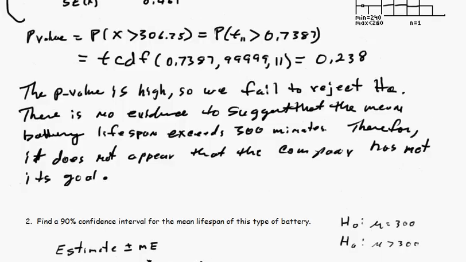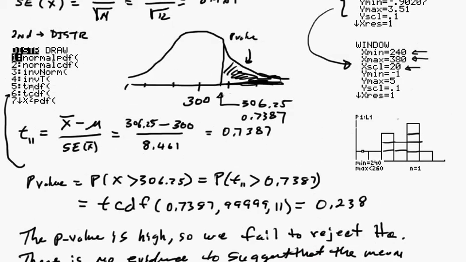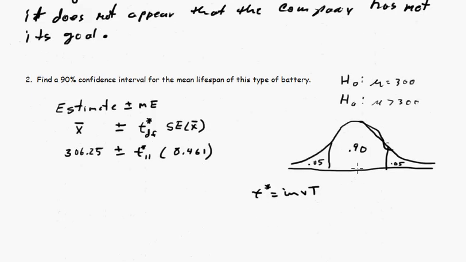I think that's number 4 right here. Okay, inverse t. What we're going to do is give it the area to the left. So this is really the positive value right here, but I cheat. I know it's symmetric, so if I find this t value right here, I know I'm good. All I have to do is take the absolute value.